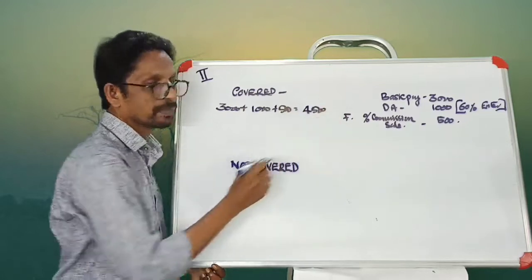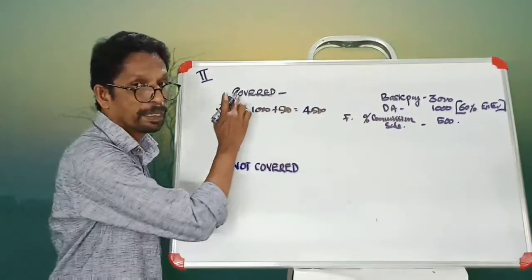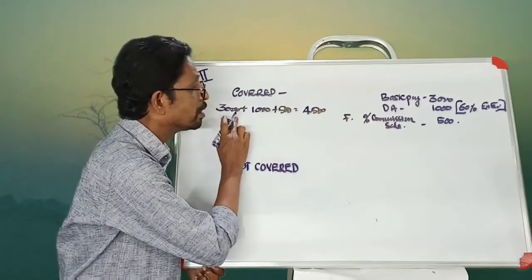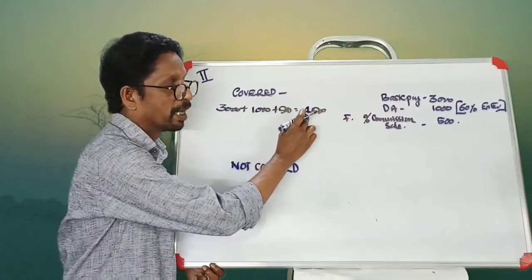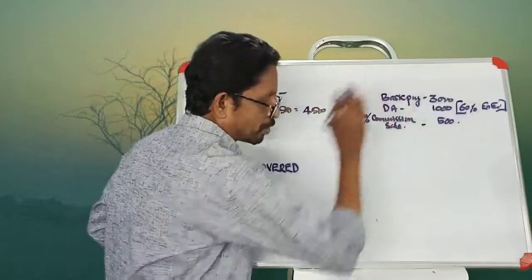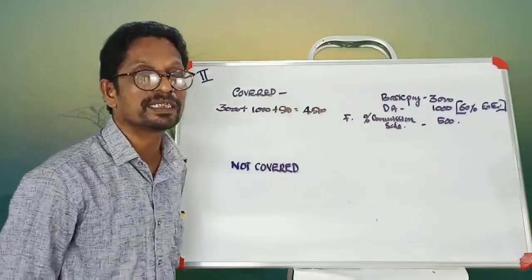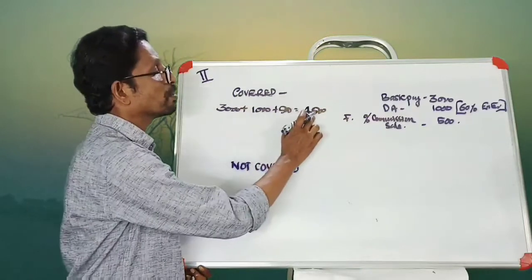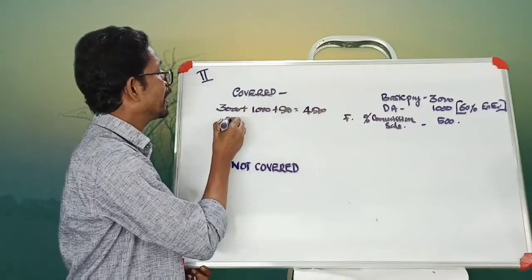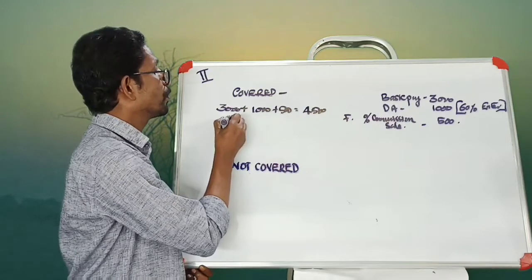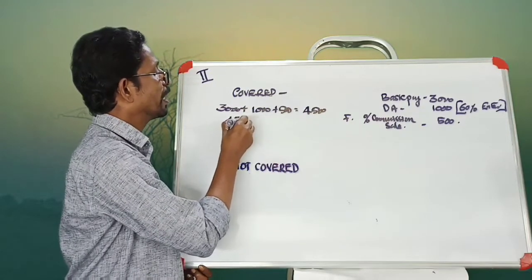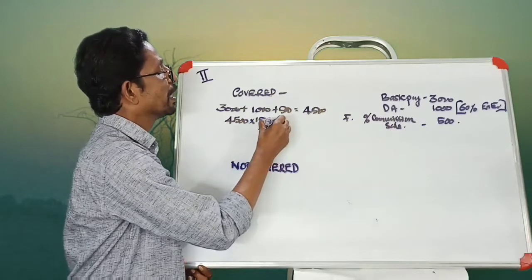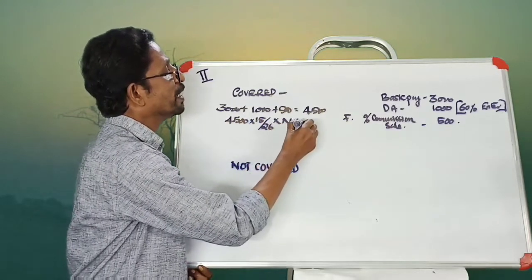4,500. In the first category, that means those covered by the Act of 1972, the salary is 4,500. We are not taking the 60% information. Whatever DA is given will be taken as part of salary here. So 4,500 is the salary, and 15 days is 4,500 into 15 divided by 26 into number of years of service.